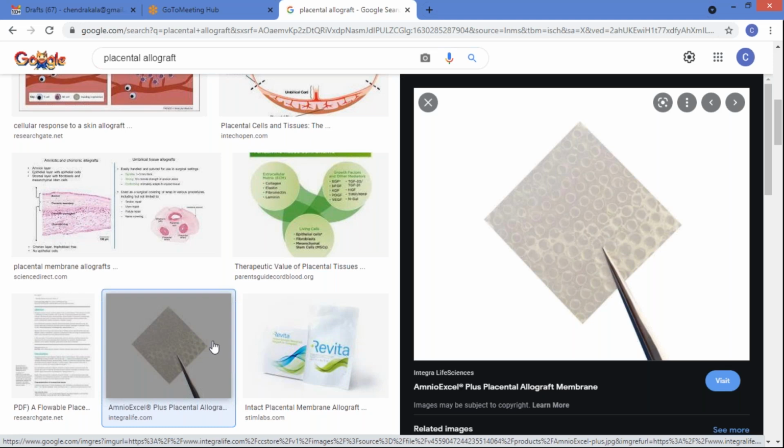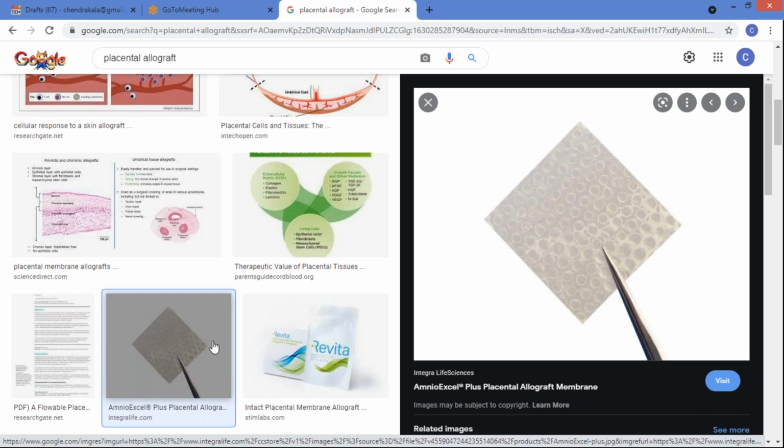This patch is actually used for skin cuts, wound covering.